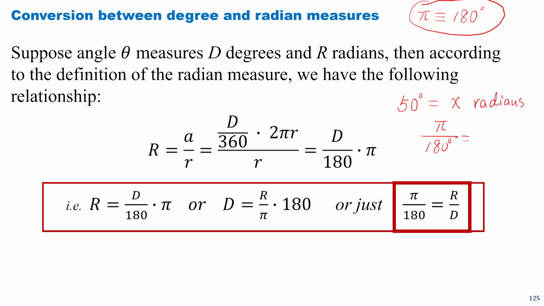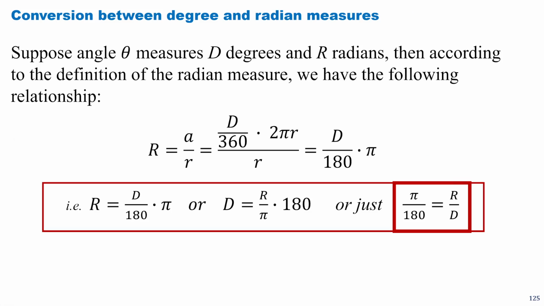Then pi over 180 degrees should equal x over 50 degrees, right? Therefore, you can easily solve x equals 5 over 18 pi. So that's the radian measure of 50 degrees, right? You get it? Of course, you can also use this formula to convert between degree and radian measures.